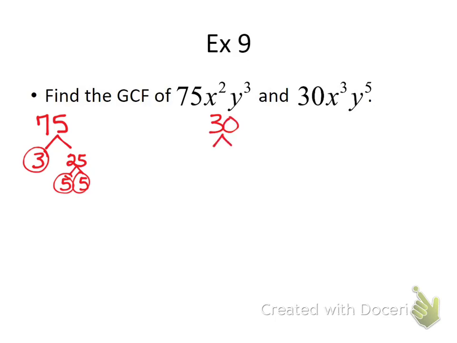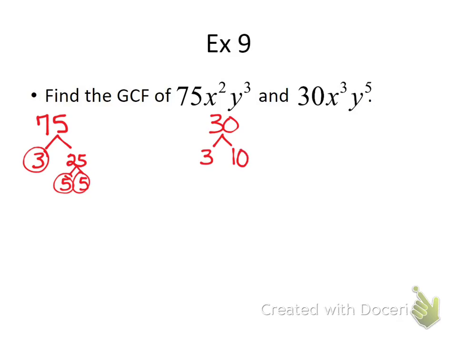What two numbers can I multiply together to get 30? There's several factors that I can use to multiply together to get 30. What are two of them? 3 and 10. Okay.